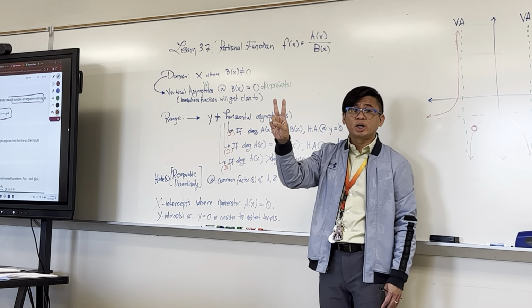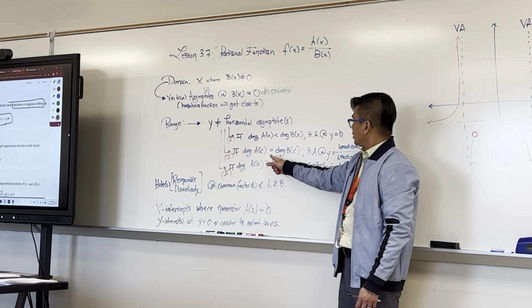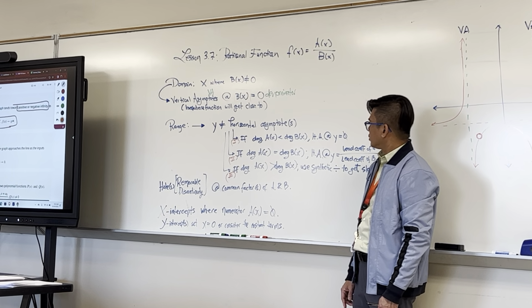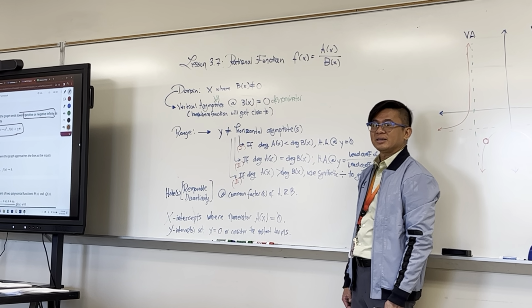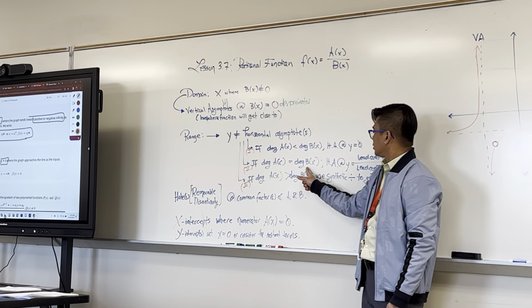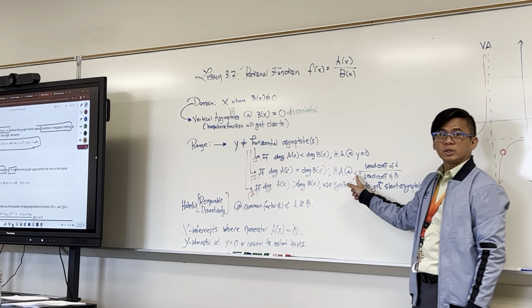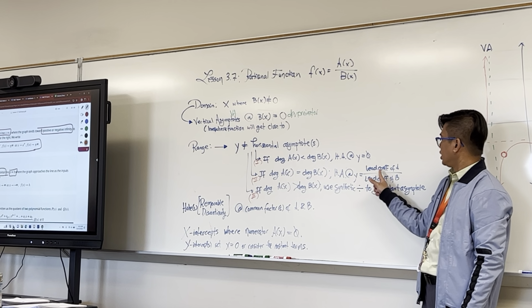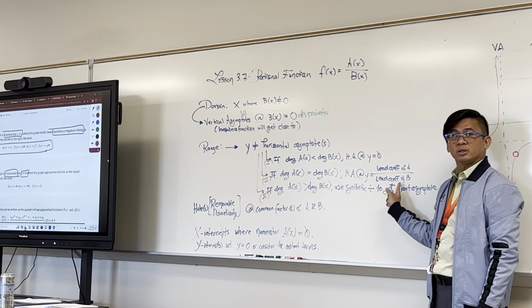Let's read case number 2. Victor, go ahead, please. If degree of a of x equals degree of b of x, y equals lead coefficient of a over lead coefficient of b.